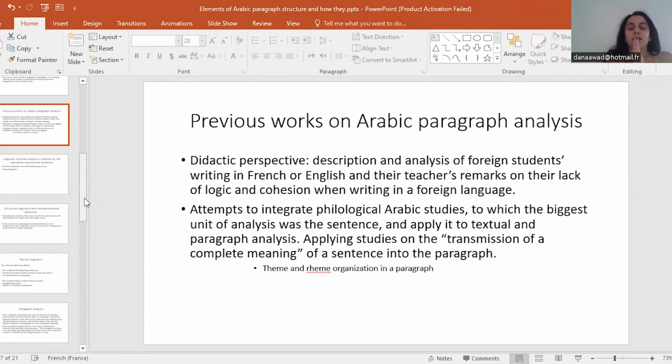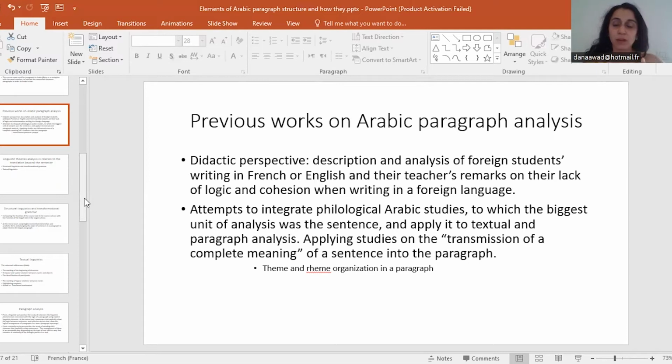And the other type of previous works on Arabic paragraph was an attempt to integrate philological Arabic studies, to which the biggest unit of analysis was the sentence, and apply it to textual and paragraph analysis, especially the works of Al-Jurjani, which is considered by these researchers as the founder of Arabic textual linguistics, and also mentions of the statements and works of logicians like Al-Sirafi, and applying it to the paragraph or to the transmission of a complete meaning.